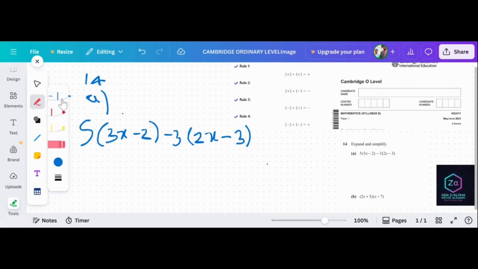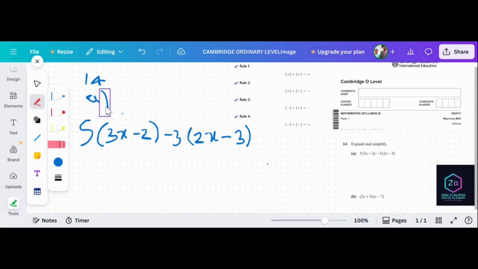What is the technique that we have to follow when we are simplifying that question? We have to remove the brackets and simplify the question, right?